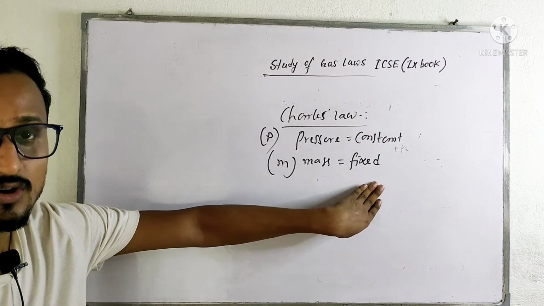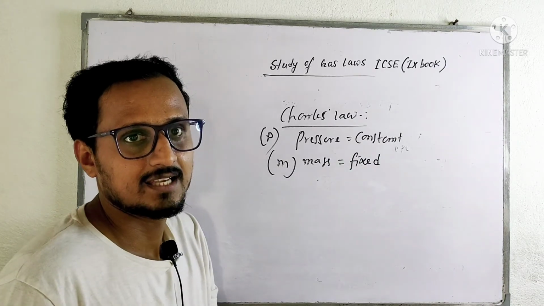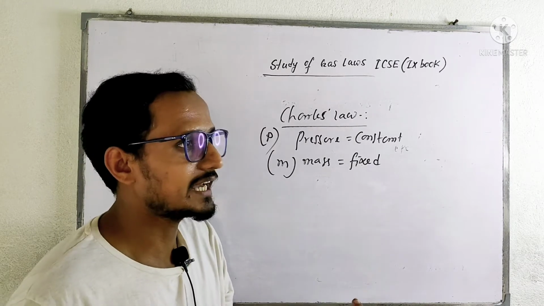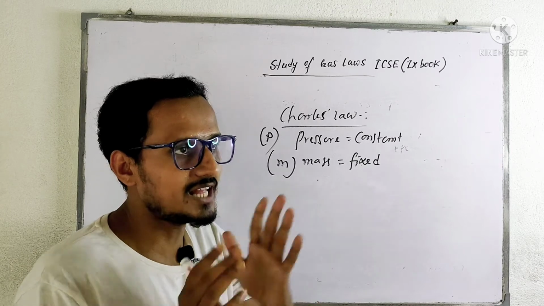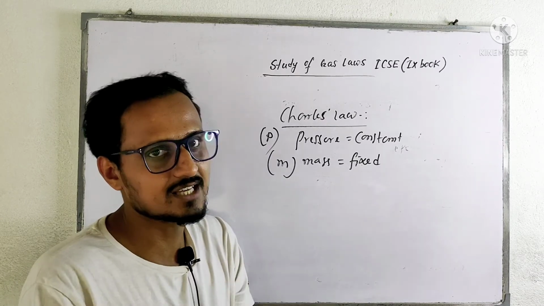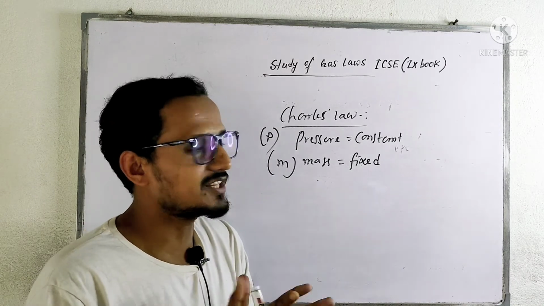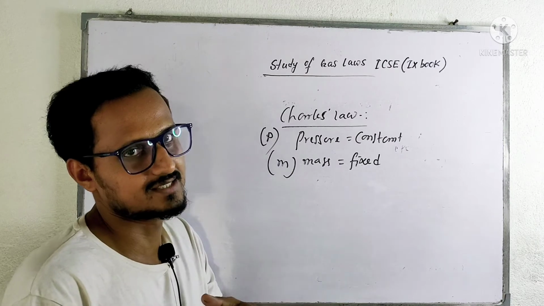In that case, what are the variables? Variables are v and t. Now, as temperature we can calculate in both scales, that means Celsius scale and Kelvin scale. So Charles' law can be defined according to the Kelvin scale also, according to the Celsius scale also. First Charles defined the law according to the Celsius scale.